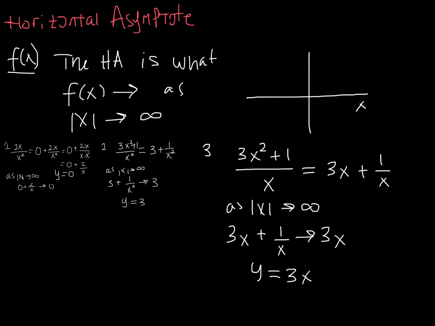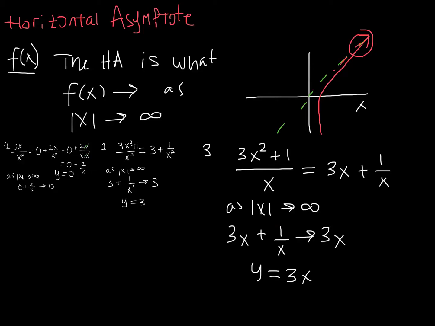So for example, to graph this asymptote, it would look like this, and what that means is that, let's say our function is moving like this, and as x approaches infinity, it's getting very, very close to 3x. Notice that the function would just be getting closer and closer to that line 3x.